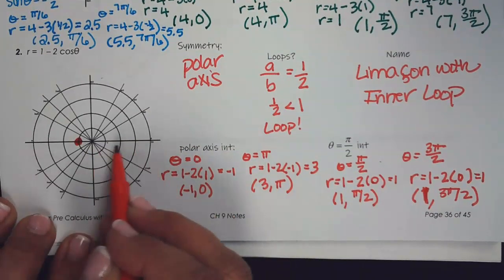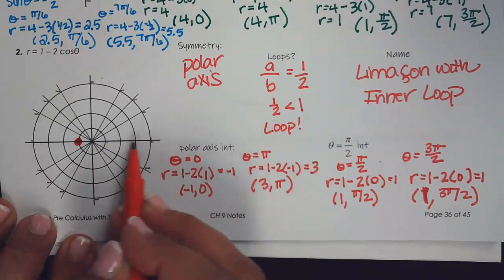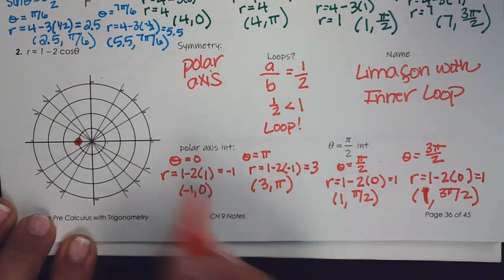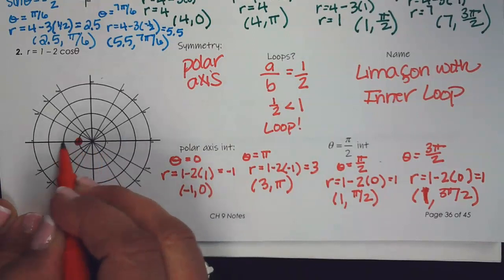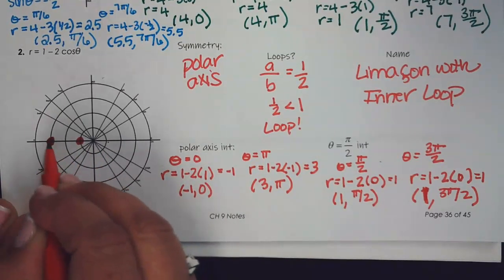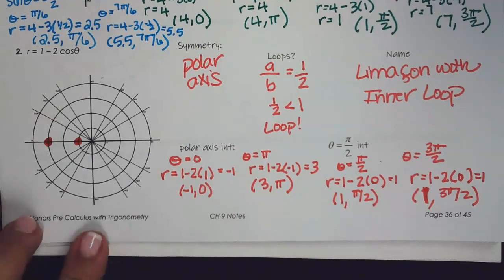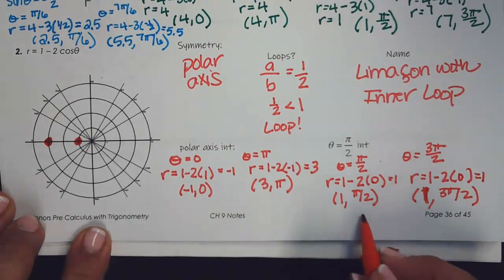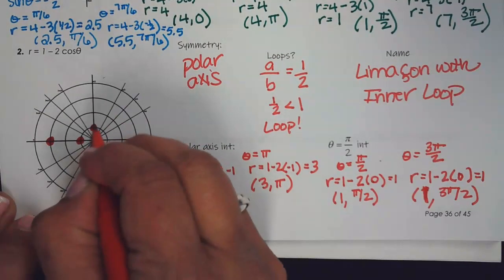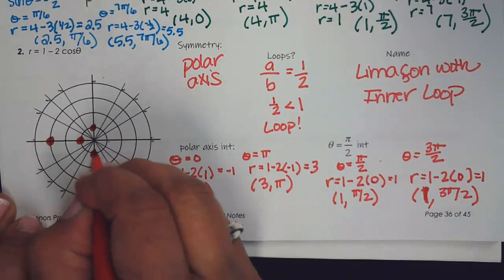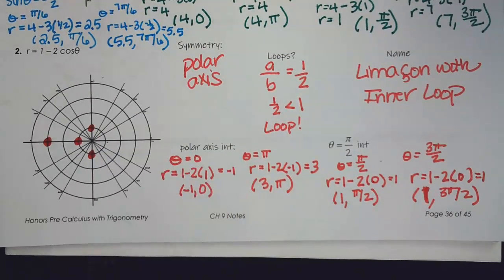So theta equals 0 is this way, so that means for -1, I have to go backwards. 3, pi is also going to be over here on the left. And then I'm going to have 1, pi over 2 and 1, 3 pi over 2. Again, not very helpful, right?